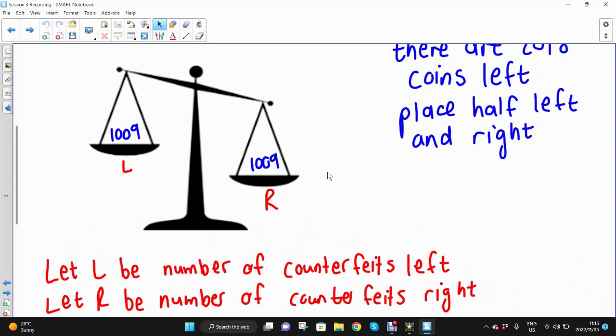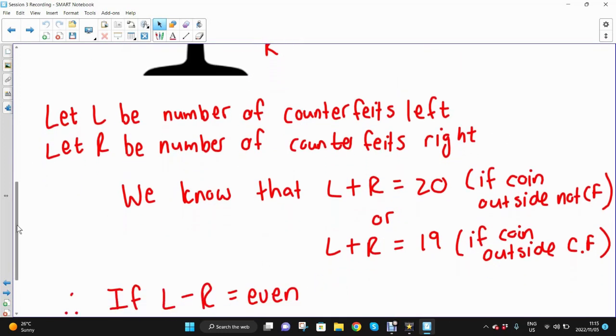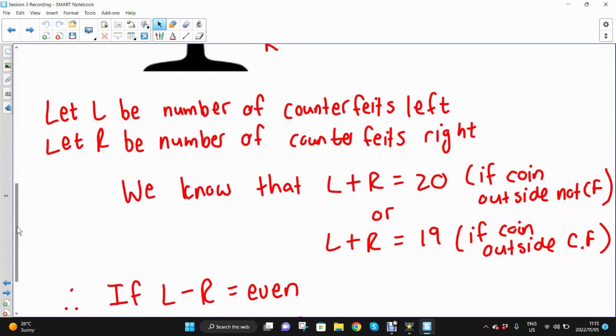The ones that are not counterfeit are all going to cancel out each other's weights. So you are, in fact, just looking at the weights of your counterfeits left and right. So just going down here again, whether I'm going to add the amount of counterfeits or look at the difference in the amount of counterfeits, that's more or less the same thing.